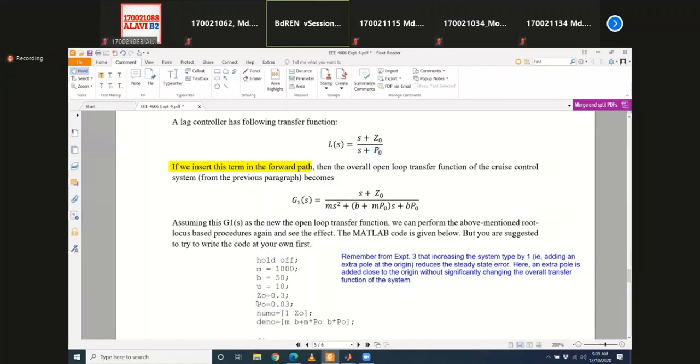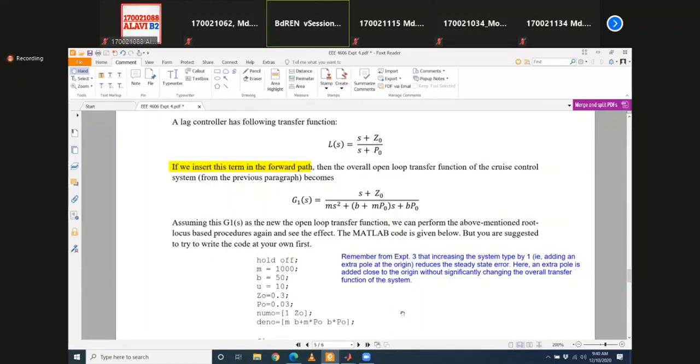But if you take a look at the value of p naught, it's 0.03. So can you not say that this is approximately equal to 0? Yes, sir. So you can say that we are adding an extra pole at the origin approximately. That means we're increasing the system type by 1 approximately. That means we can reduce the steady state error.